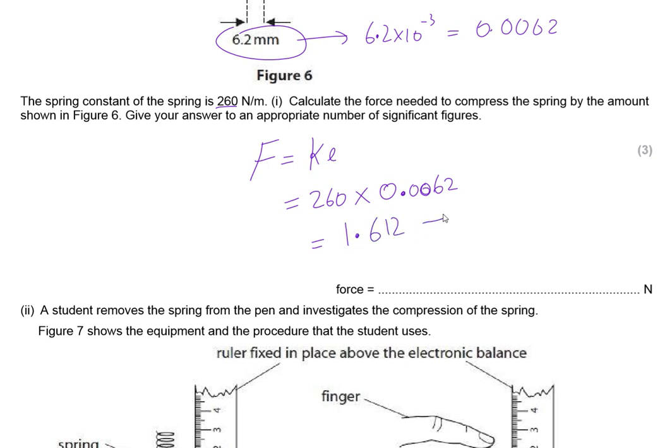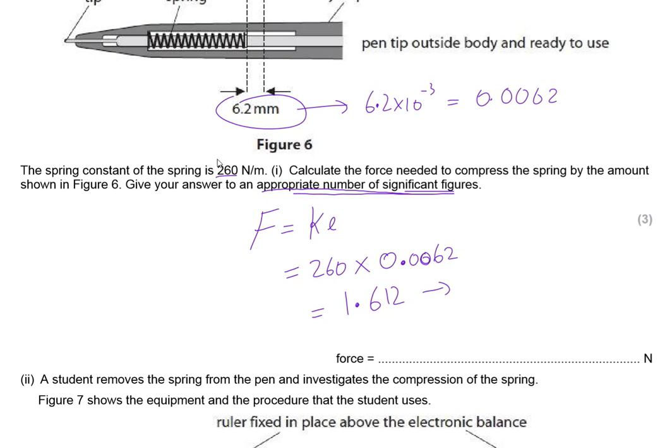Now the question says to give the answer to an appropriate number of SF. This is something that you must have learned from maths. How do we know which is an appropriate SF in this case? If you look at the numbers given to us, we have 2, 6, and then 0, and here we have 6 and then 2.